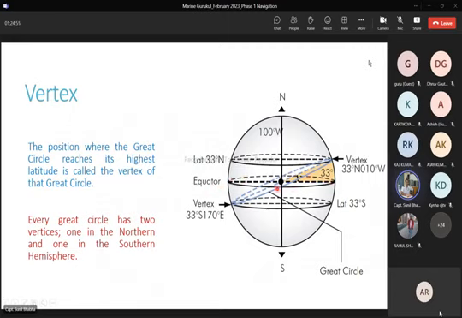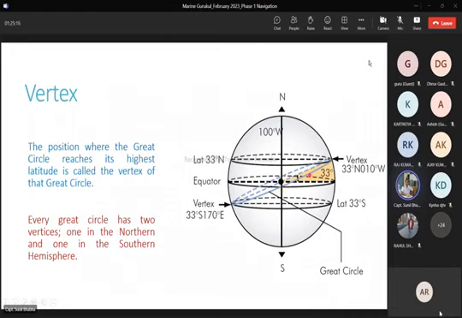Now we can also see a great circle in this diagram represented by a blue color track. This blue great circle is on the surface of Earth, and we can also see the plane of this great circle passes through the center of the Earth, confirming that it's a great circle.